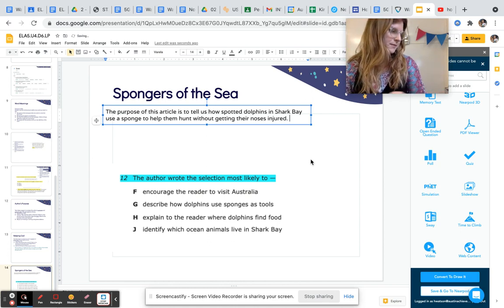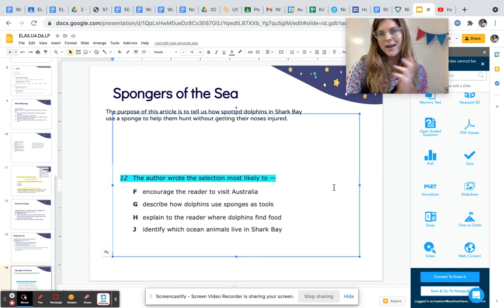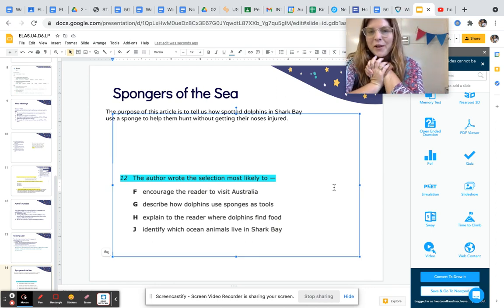Cool. All right, so I've written down my purpose. Now, with every question, I want to look at the answer choice that best matches what I already wrote down, right?